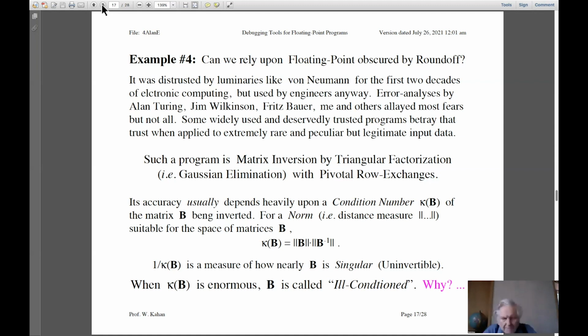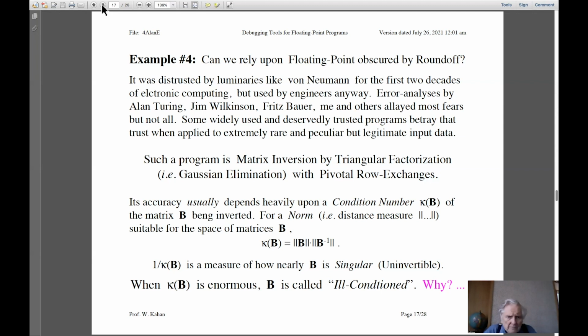Matrix inversion. Matrix inversion has been worked over many, many times. There are papers, for example, by Alan Turing and others who have shown that there is something called a condition number that usually determines the extent to which round-off is going to accumulate to degrade a computed result.